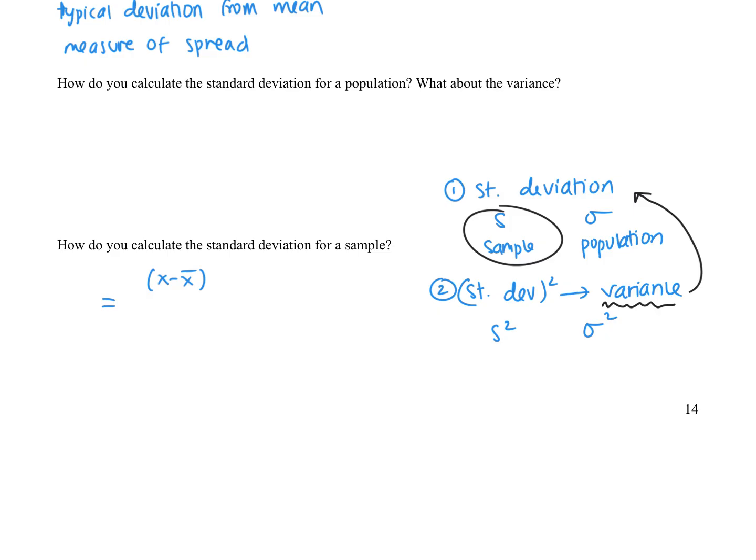We don't want to get 0, so we're going to square that before we add them all up. Then to get an average, we're going to divide actually by n minus 1, not by n. This is variance. So to get standard deviation, I'm going to have to take the square root.